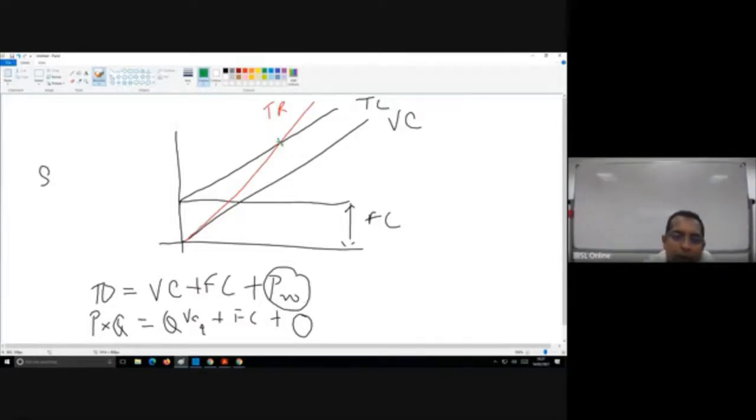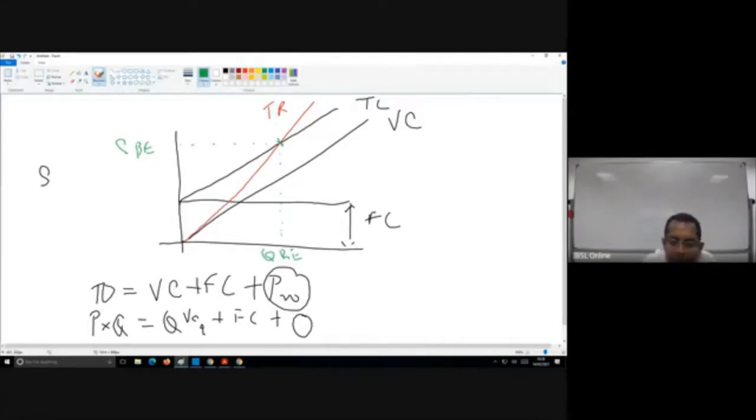So if you drop like this, this is your break-even quantity. This is your break-even sales, right? So that is the break-even, the point at which no profit, no loss situation occurs, right?